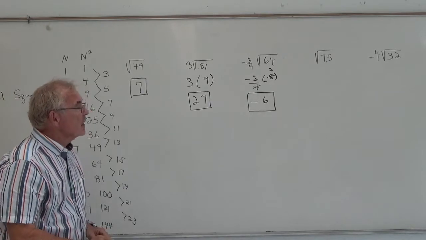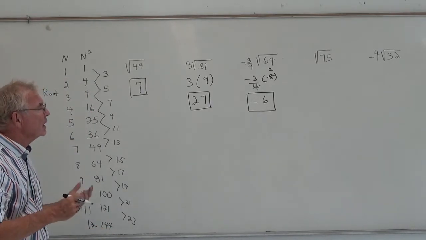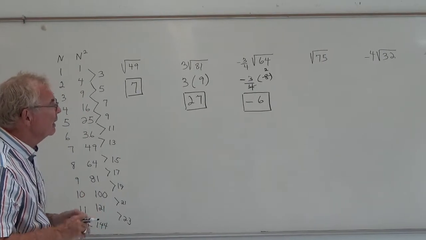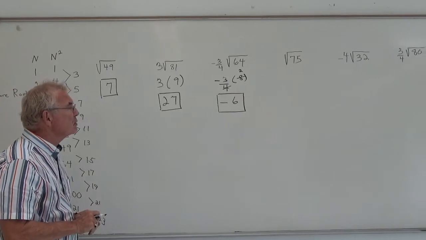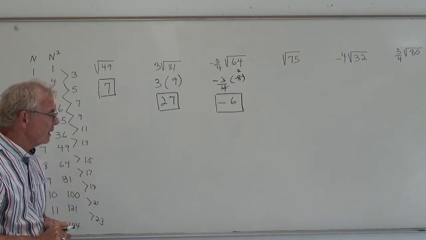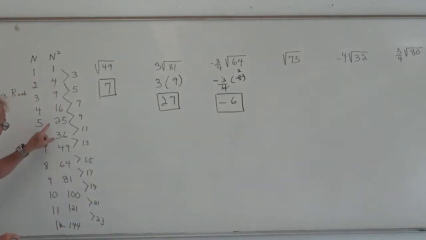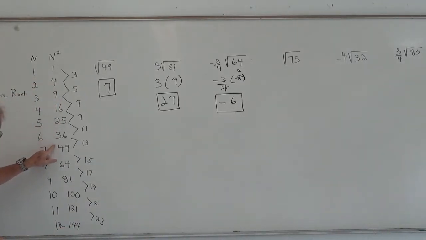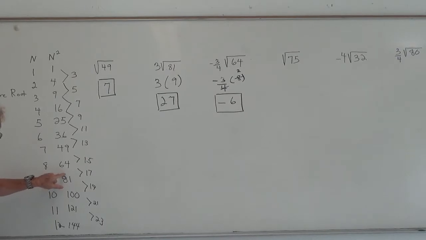Okay, our next example is where we get involved in our principal square roots. Is 75 a perfect square? Did we notice 75 on that list? No. It's bigger than 8, because 8 squared is 64, but it's less than 9. 9 squared is 81. So 75 is somewhere in between that.